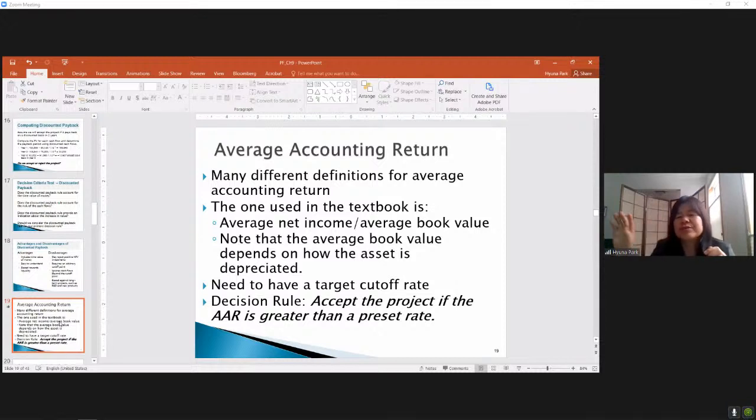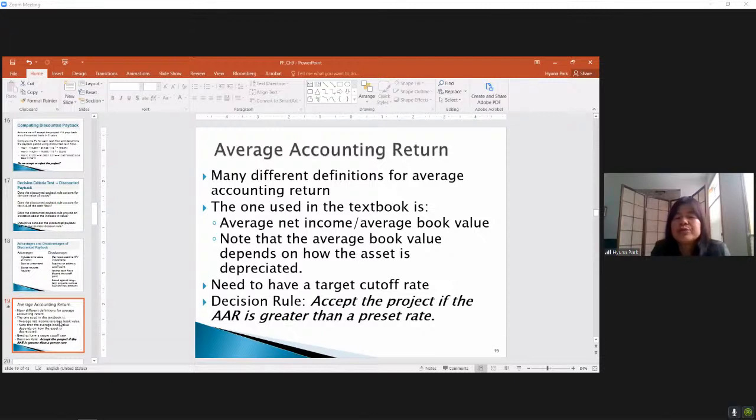Some books use one definition, other books use other definitions, and some practitioners define it a little differently. So it's hard, but I follow your textbook's definition because your textbook is the most widely utilized textbook in corporate finance classes.